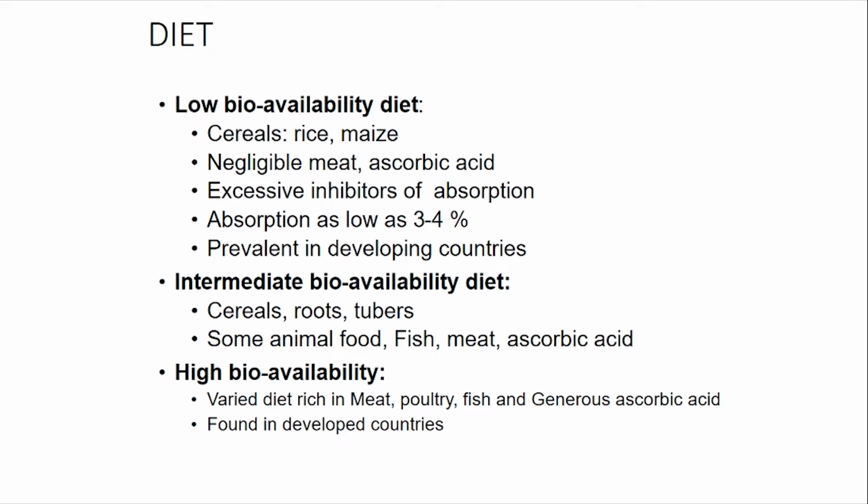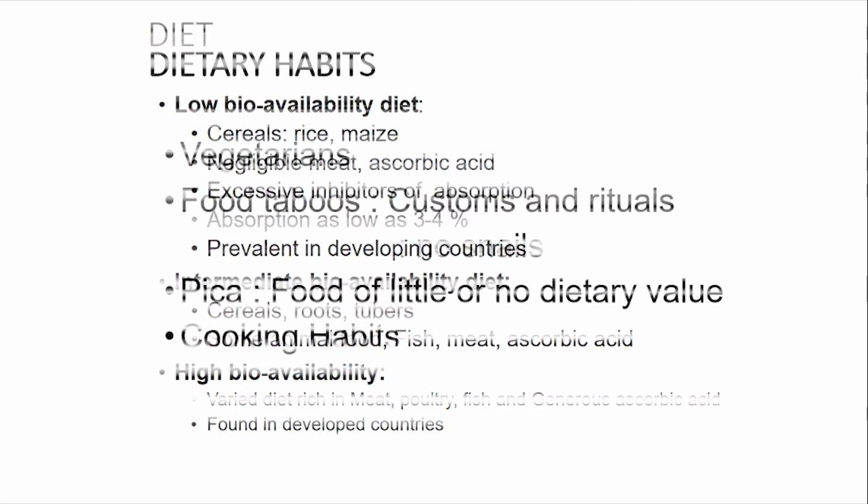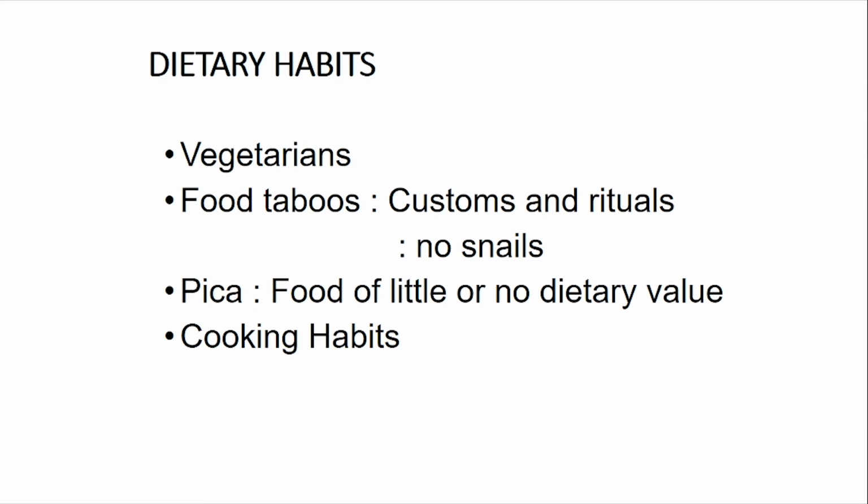While diets of high bioavailability are found in developed countries, and they tend to be diets that are rich in meat, poultry, and fish. Also, dietary habits have been found to influence iron absorption, for example, the vegetarians. Also food taboos.